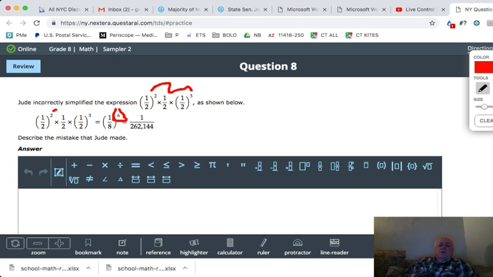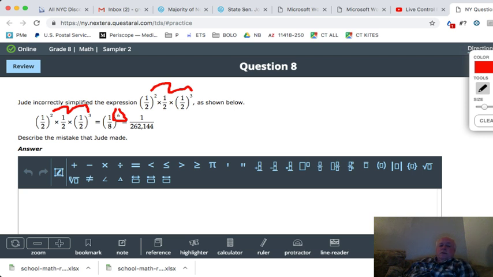It comes from 2 plus 1, because there's an implicit power of 1 on anything. Anything just by itself is itself. So 2 plus 1 is 3, plus 3 more is 6. So we have (1/2)^6.